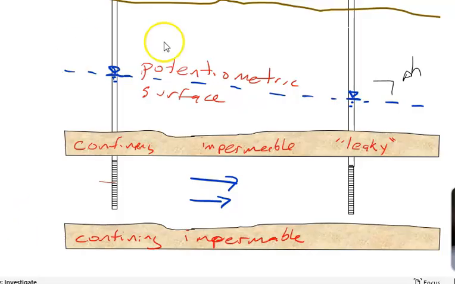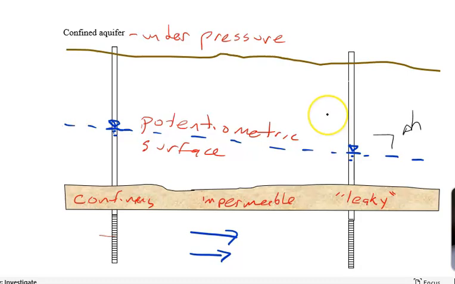By the way, if the pressure is high enough down there, we can actually have water coming out the top. This can happen, like with oil. We hit oil and it's oozing out because it's under such high pressure. If that happens with water, we call that an artesian well. Now that word is used a little bit loosely.